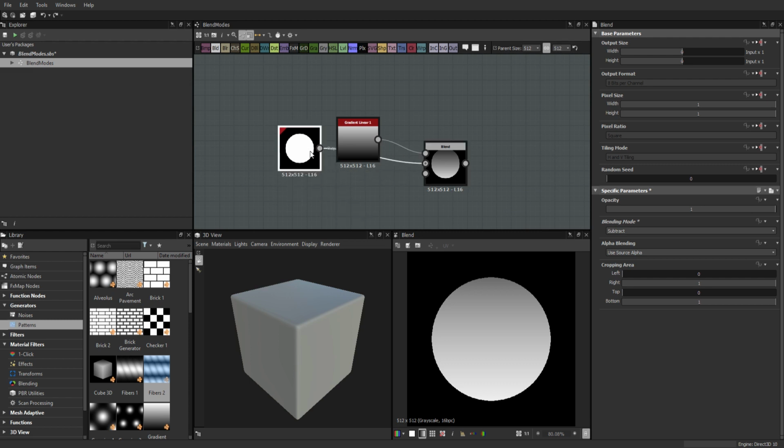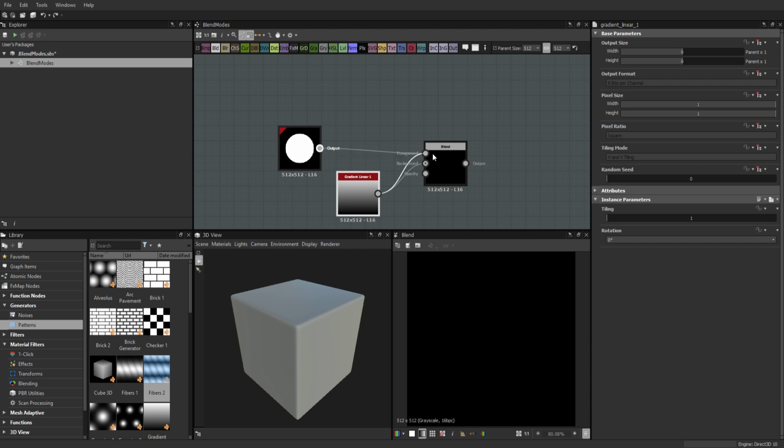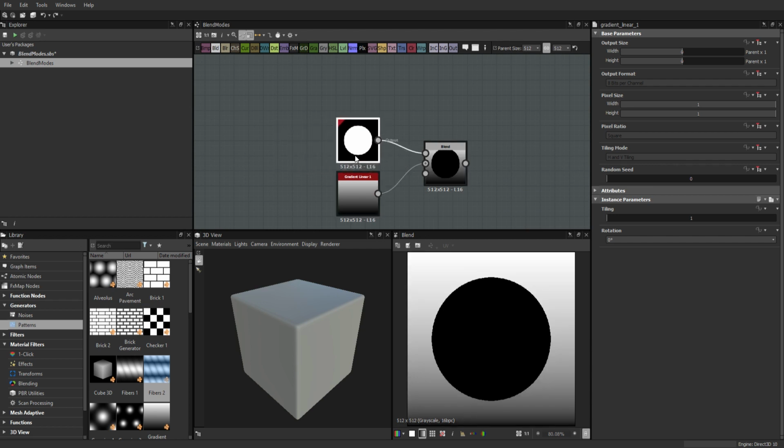So if we switch this again, if I plug the gradient into the background and the disk into the foreground, what's happening here is we have about 0.5 in value in the middle, and we're saying minus 1 anywhere it's white. And anywhere it's black, we're just doing minus 0. So it's unedited, it's not changing it.